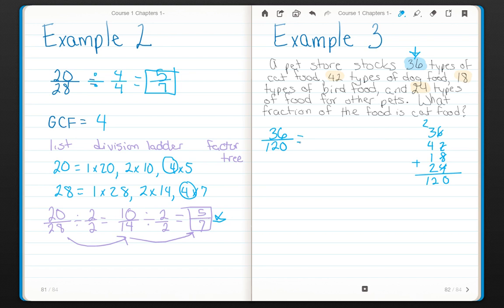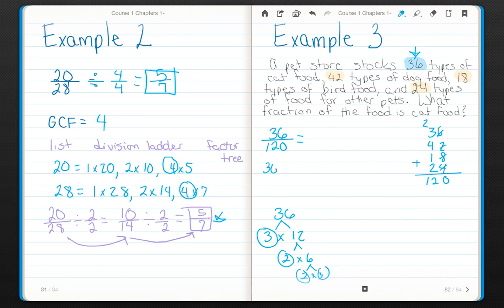So I need to reduce this into a simplified fraction. I'm going to do that using prime factorization. So I'm going to use a factor tree because that's the method I like. 36 is 3 times 12. 3 is prime. 2 times 6. 2 times 3.